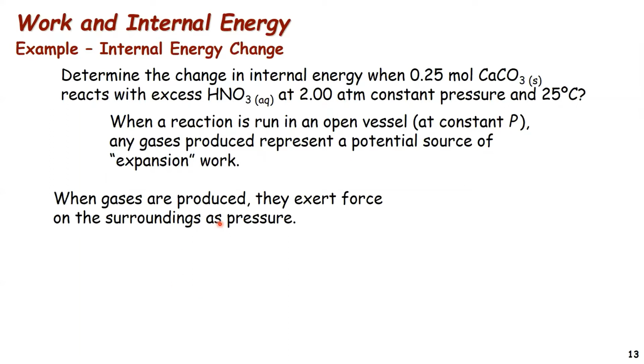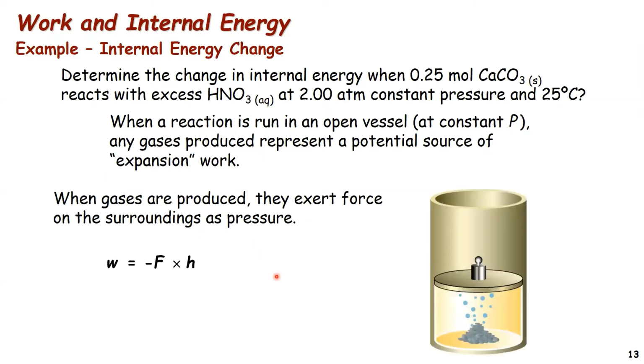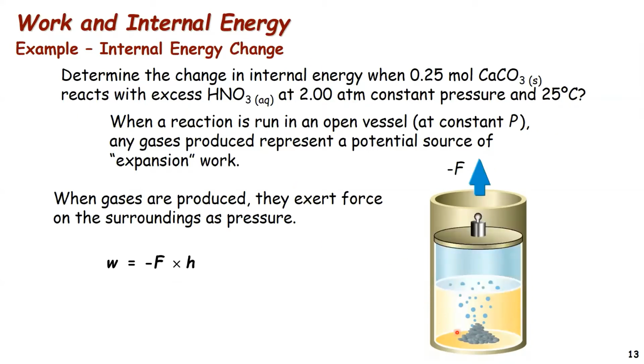So when gases are produced, they exert force on the surroundings as a pressure, okay? So there's our force times the height, right? So this is just our definition. So there's the downward force. This is the downward force of the atmosphere plus this little weight combined together, which represents 2 atmospheres. We've got to push against it, right? So we'll have a negative force to push against that to lift this thing.